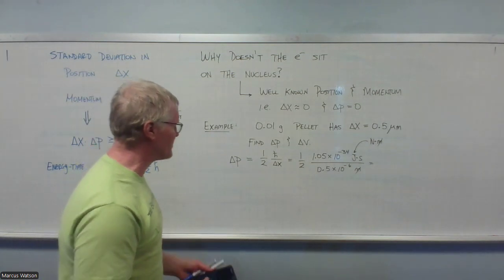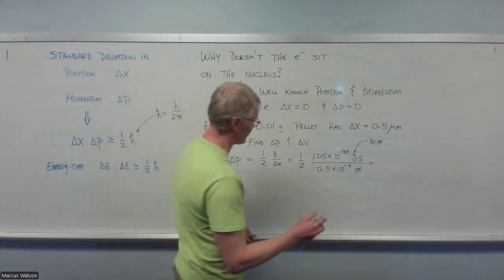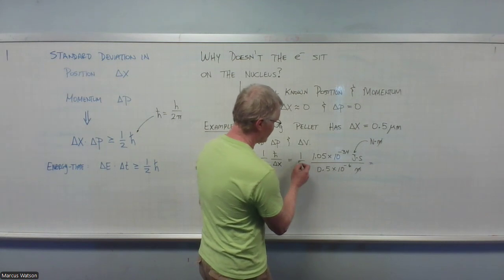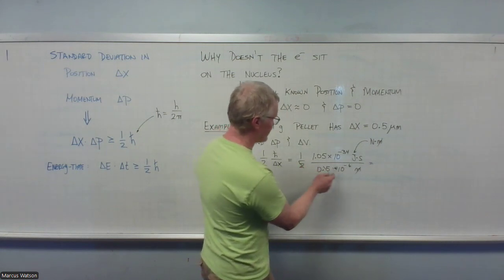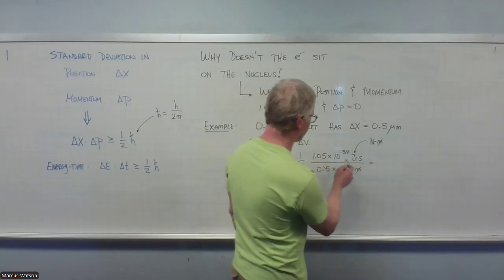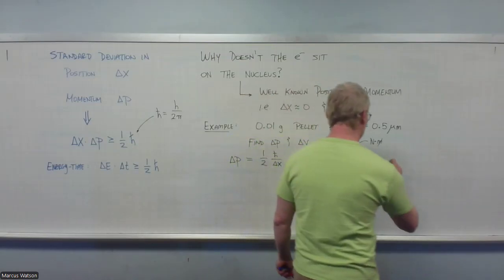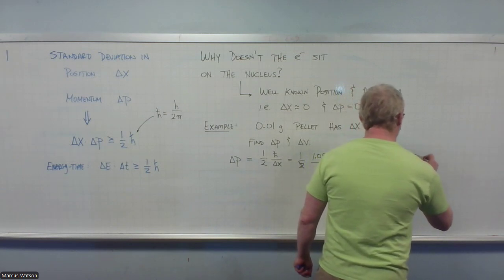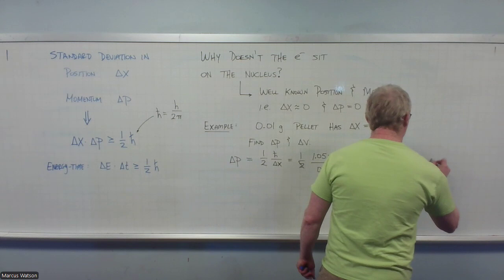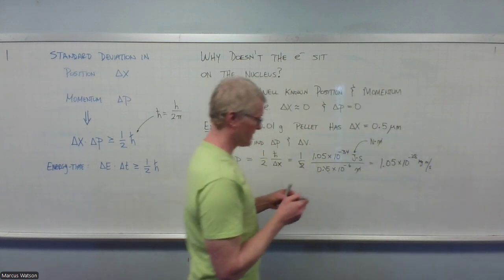So that's times 2, and that's times 2. So why am I even bothering calculating this? This and this go away, because that's 1/2 divided by 1/2. And it's 10 to the minus 6 coming up here, so that's 10 to the minus 28. So this is 1.05 times 10 to the minus 28 kilogram meters per second.